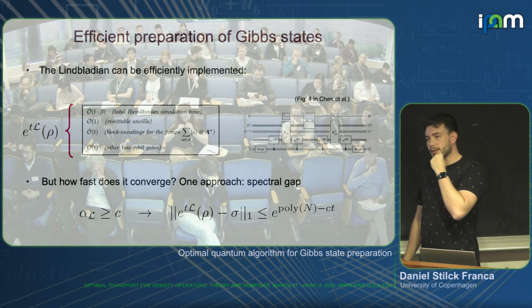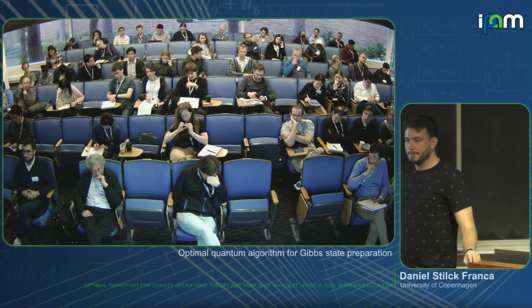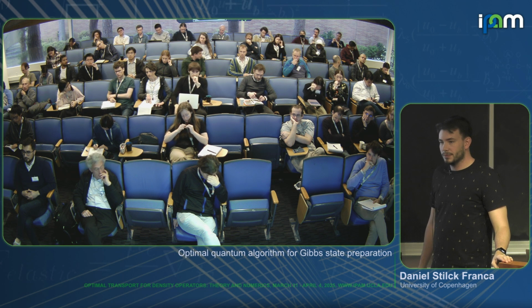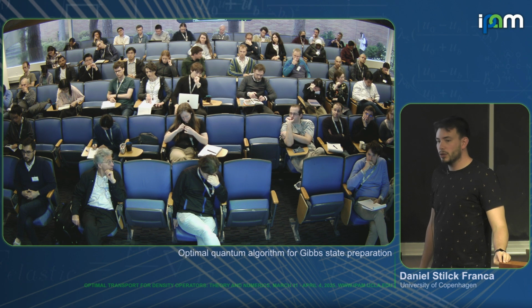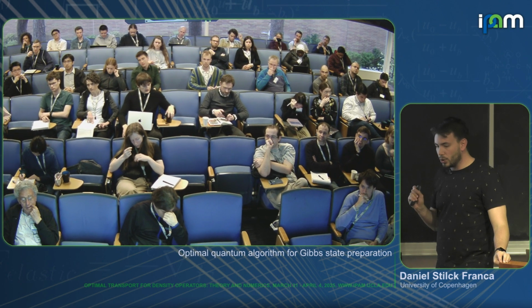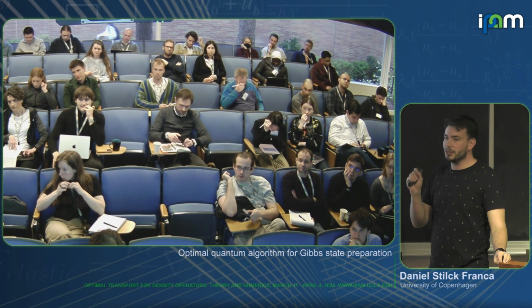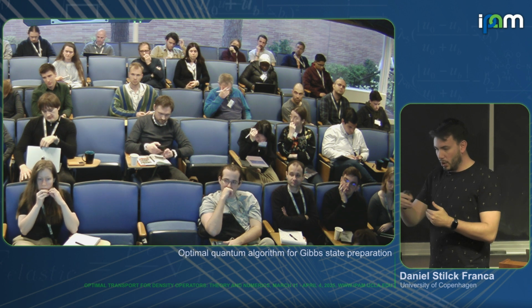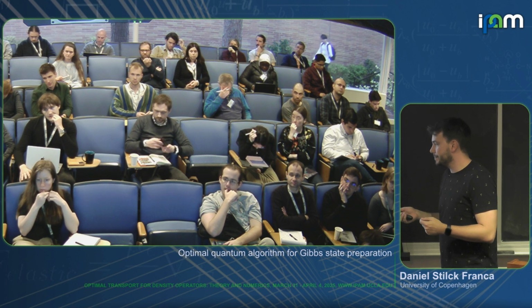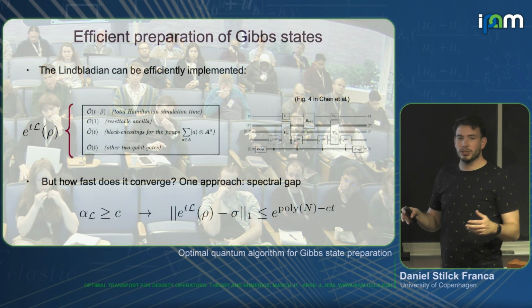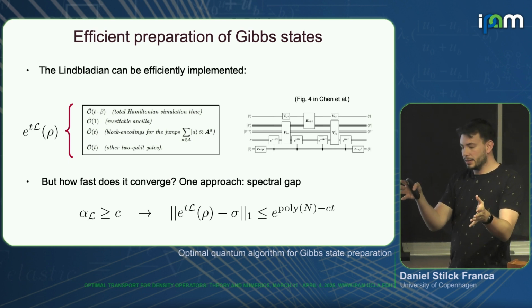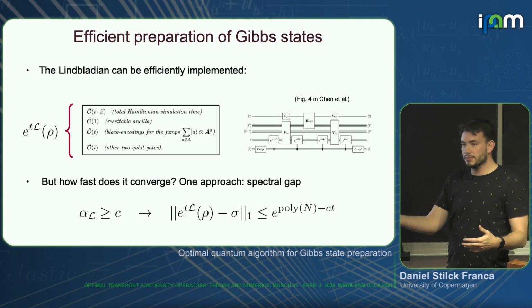But the goal is to converge to the Gibbs state, and you try to find the best jump operators. That's a very good question. It's a very important question that I'm not going to care about in this talk. I think this is one step beyond. In this talk, I'm just going to ask, is there some set of local jump operators such that this dynamical semigroup will converge fast?